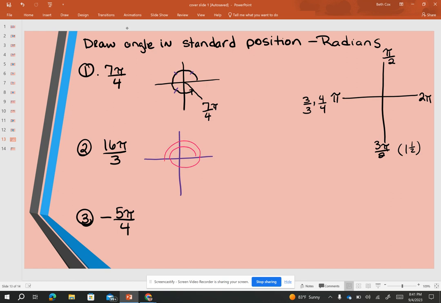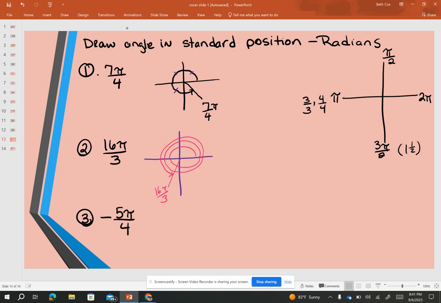I'm counting by 3. 12/3. All right, and then 15/3. And so 16/3 will be a third more. So a third more would be right there. This would be 16/3 pi right there.